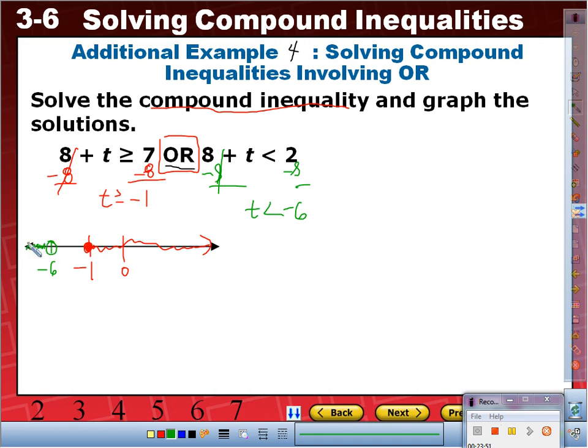Everything to the left. Now, on this one, what do you guys notice? That they do not intersect. These are known as or. However, did we graph them both on the same graph? That's why they're known as compounds, because we compounded both graphs. And the rest is the same. You do the check, and you do the notation the same.